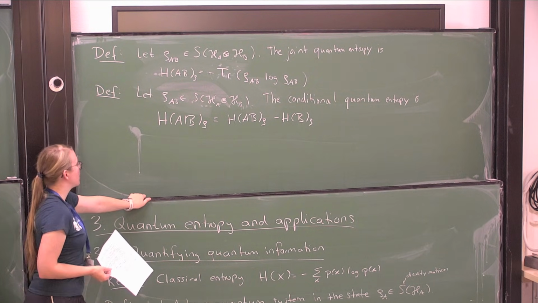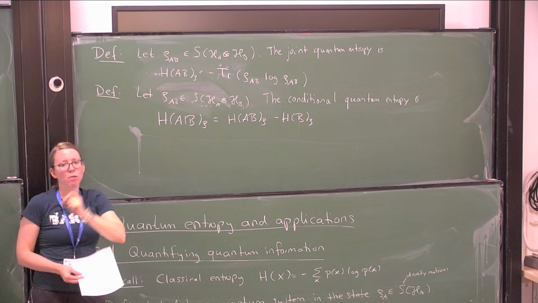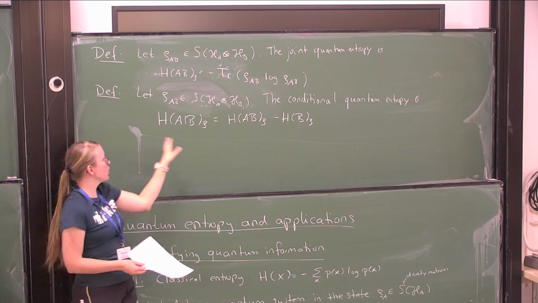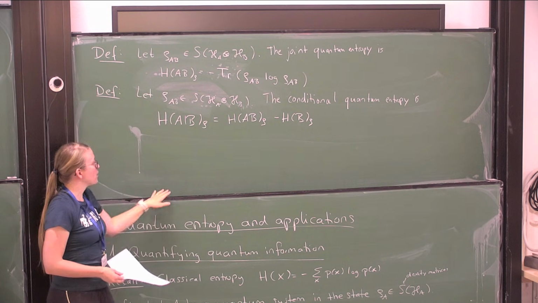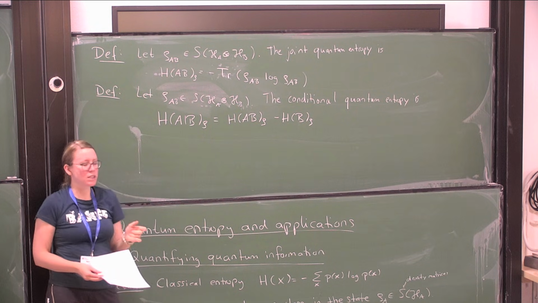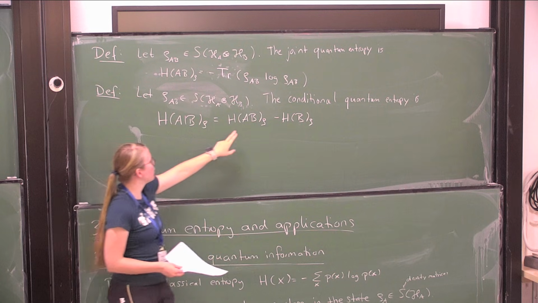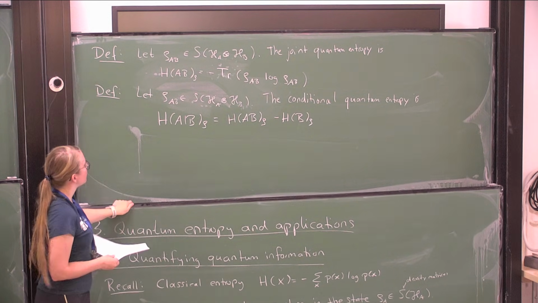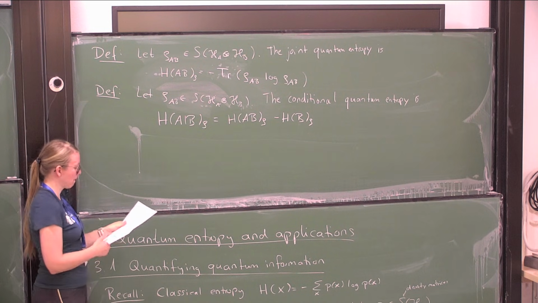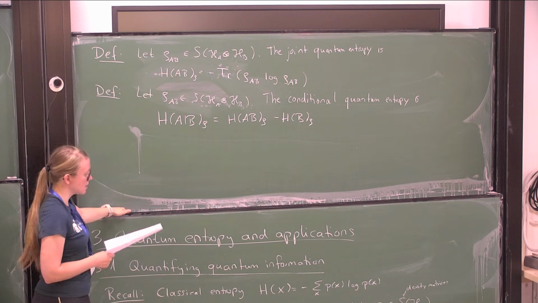You remember we defined the classical version of the conditional entropy via conditional probability distributions. This is not so straightforward in the quantum case because there's not a unique way of defining conditional quantum states. But by defining the conditional entropy via the joint and marginal entropy, this analogy holds. Okay, so far very analogous to what we did in the classical case.